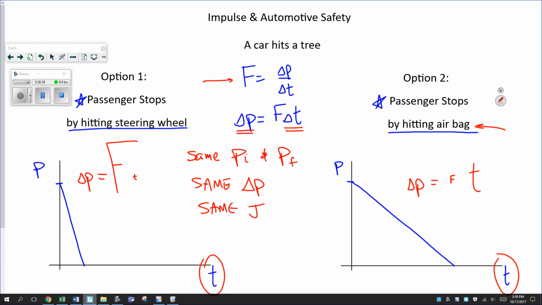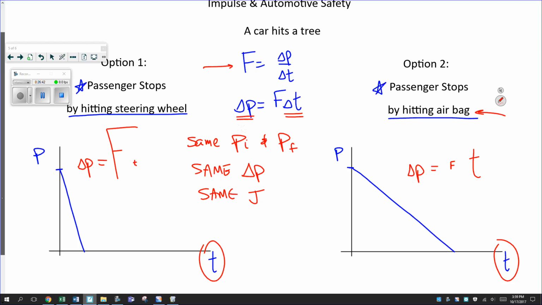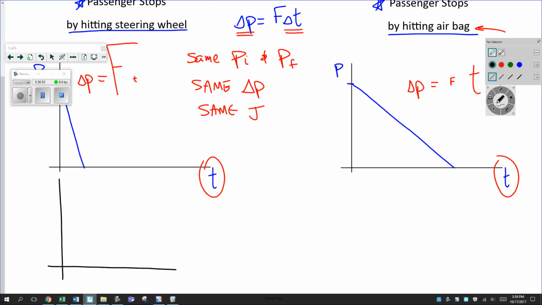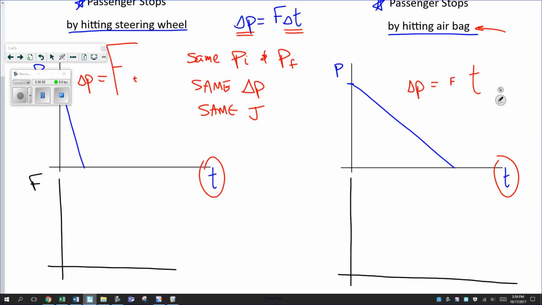Okay? Now, how else can we look at this? We can look at this in terms of what force looks like as a function of time. So what I want you to try to sketch very qualitatively is what force might look like as a function of time in each of these cases.